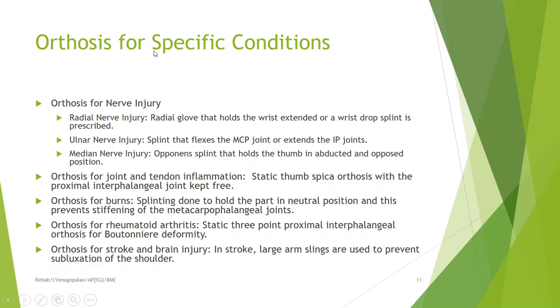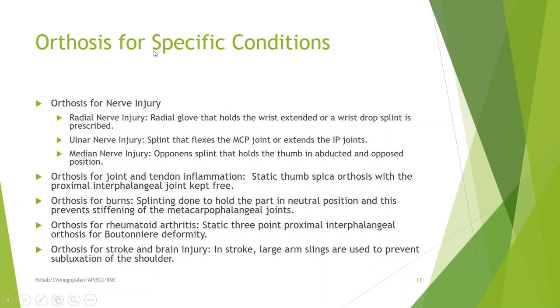Then orthosis for burns, right? So often burns cause spasticity. So these prevent the stiffness, because the tissues are dead, right? And there is quite a lot of dehydration. So burn results in spasticity. So this splint holds the part in a neutral position and prevents stiffening of the metacarpophalangeal joints, right?